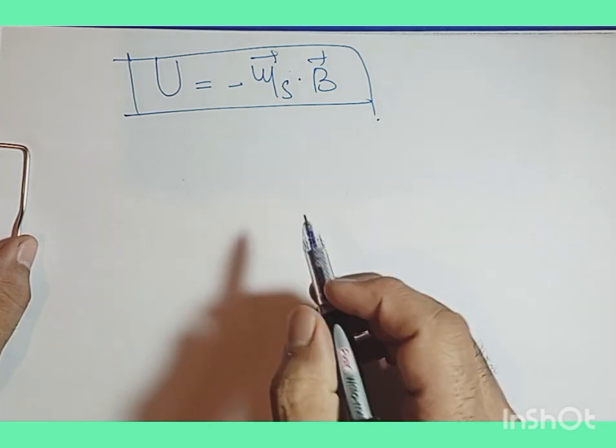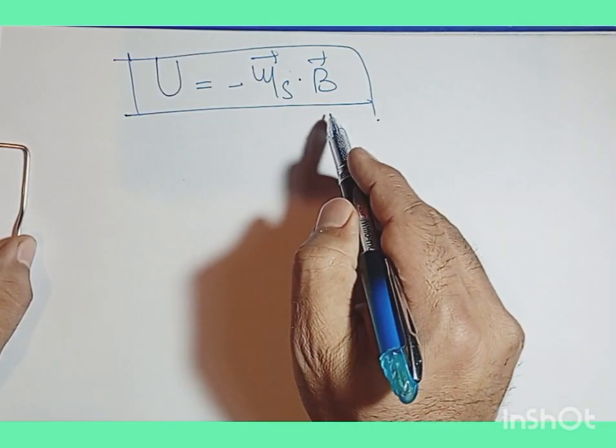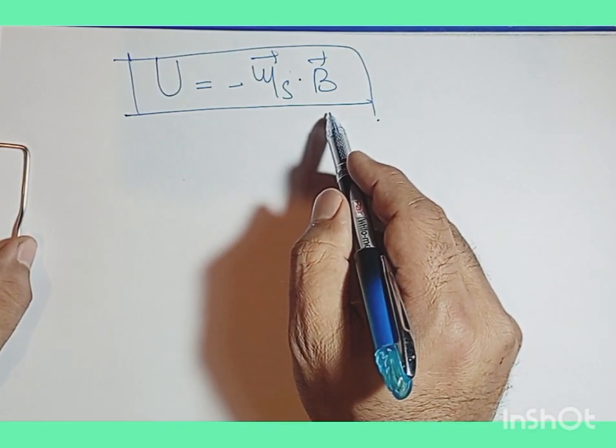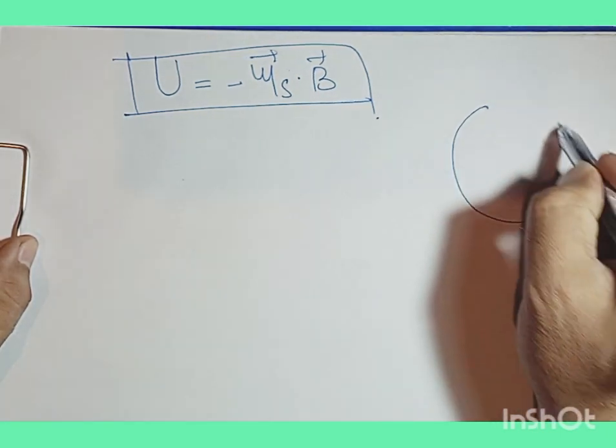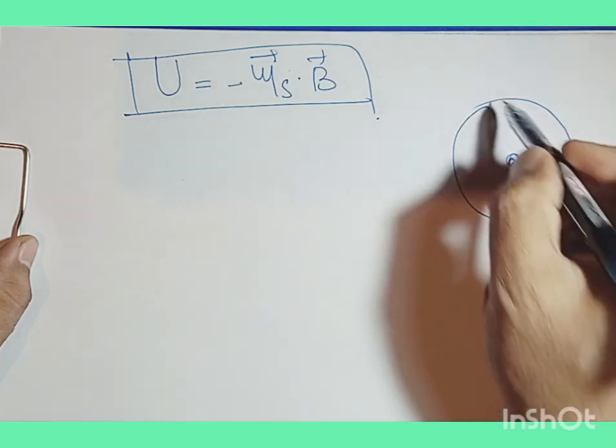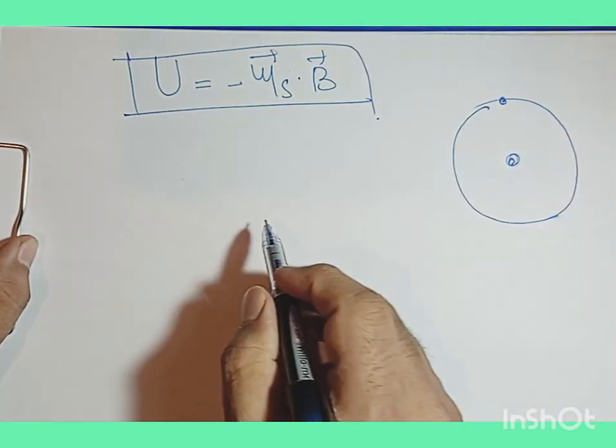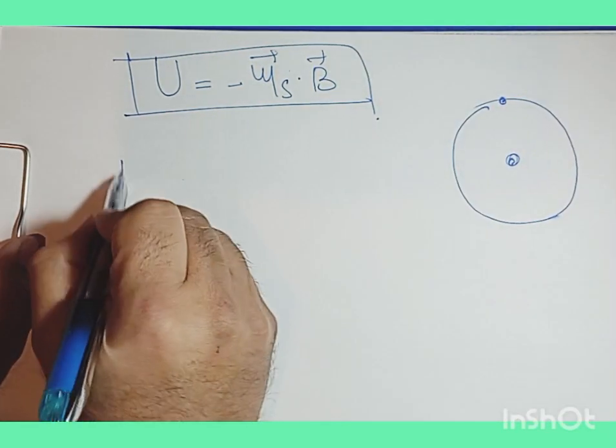Now, what I want from here is to calculate this magnetic field in terms of the electric field of the nucleus. So we have an electron, and this electron is orbiting, and it will have its magnetic field.